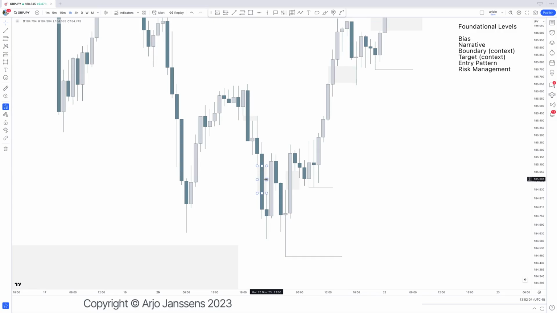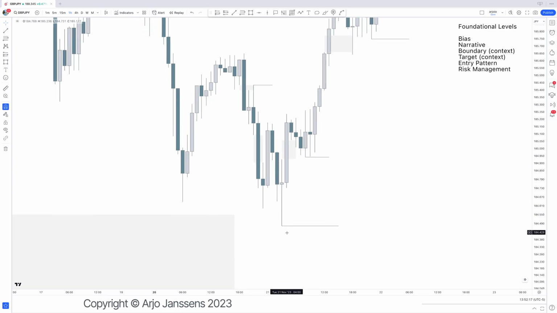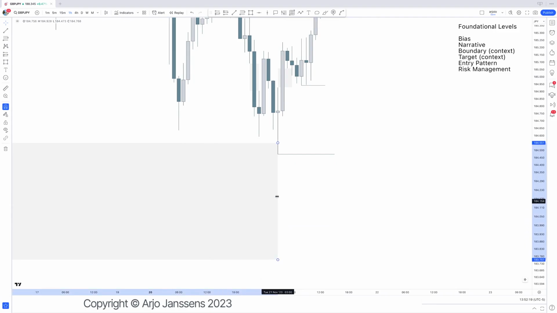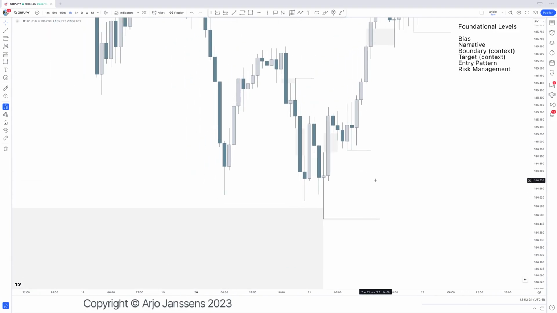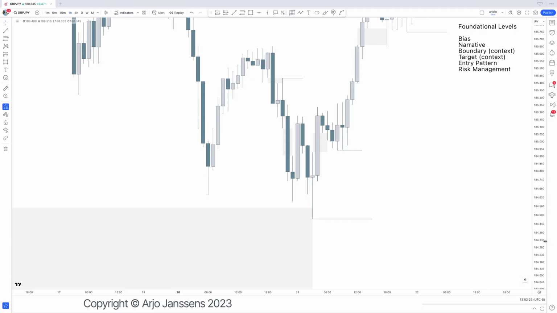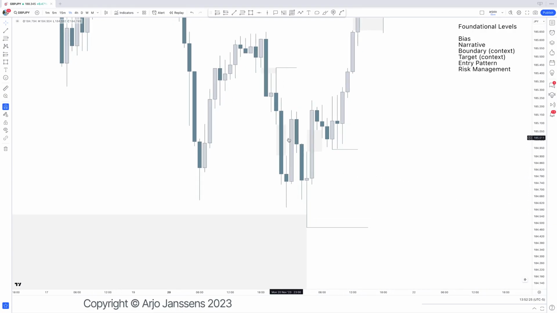Well, this fair value gap right there, which is this swing high, leaves behind that swing high, and then we continue lower off that, knowing that we won't come back above this high right here. And then we continue lower off of that, then we reach the target, which is the weekly fair value gap. And what can we see right now? Let's pay attention to the details. Because right here, we can see this 1 hour fair value gap is now not creating a new 1 hour fair value gap lower.